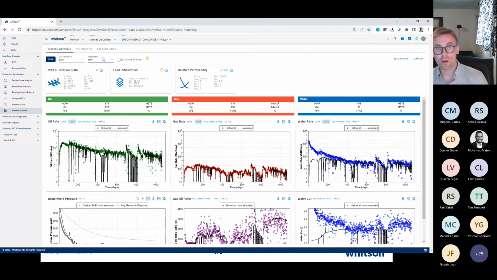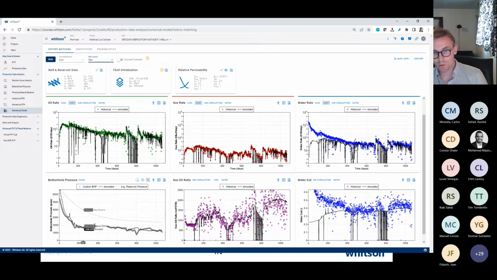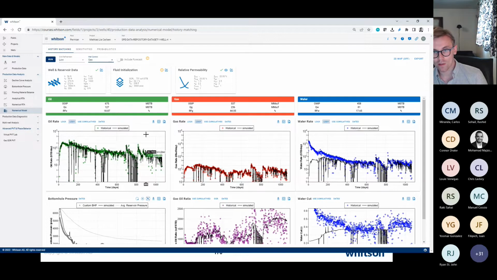In this case, I've actually run it on a gas control, so you see my gas fit here is perfect. And it's just dictating to you what is known, what we are telling the simulator that we know, and what we are actually telling the simulator to estimate for us. In this case, we're saying that we want to estimate our bottom hole pressure versus time and our oil rates versus time, but we say that our gas rates are known.